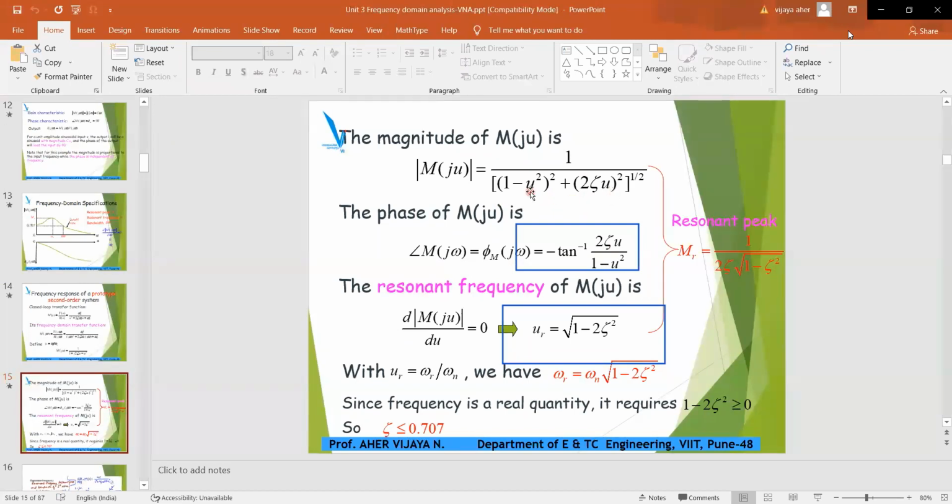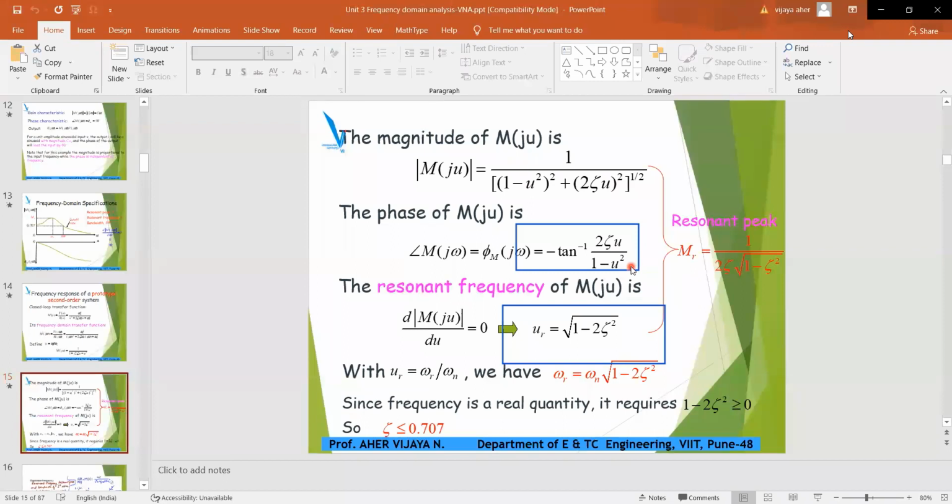This term divided by this term is nothing but angle, b by a or y by x. Now this is nothing but phase of mju.